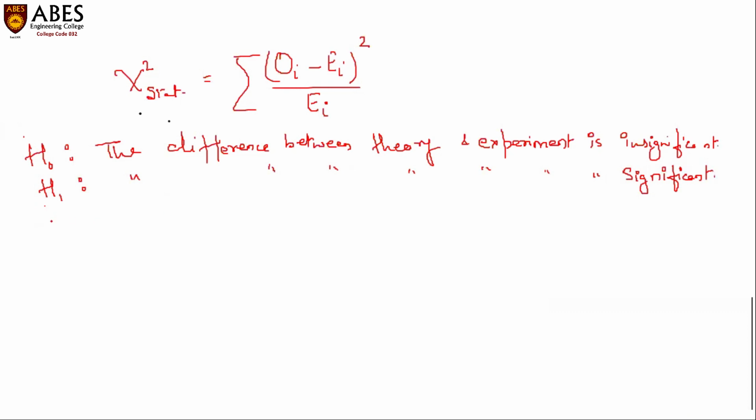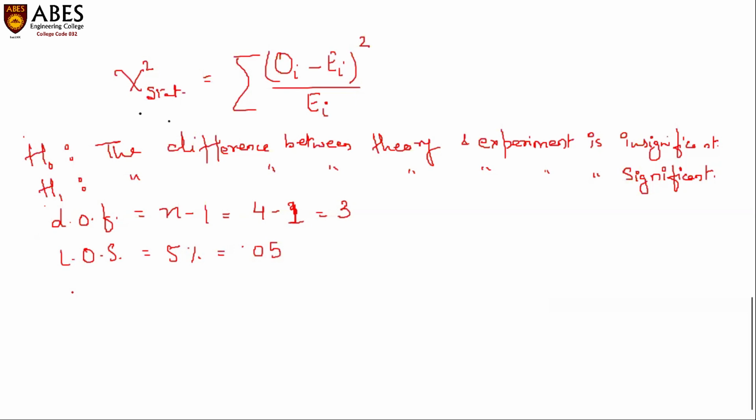Next, we find the degree of freedom, which is equal to n minus 1. Since the data has been divided into four categories, the degree of freedom for this experiment will be 3. Generally, the level of significance is taken as 5%, so here also we consider it to be 0.05.